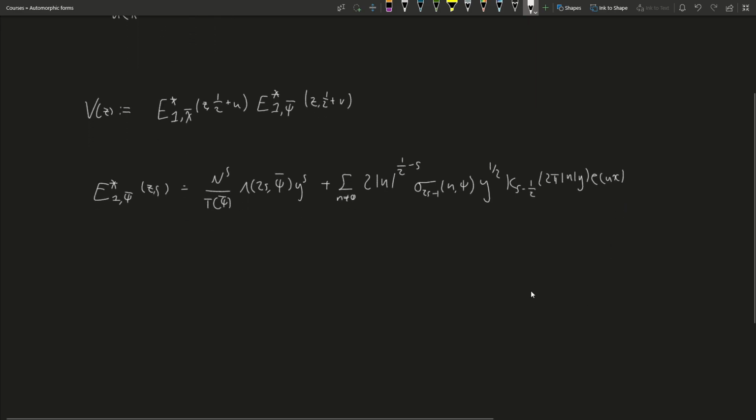And it's also going to be important to know the Fourier expansion at the other cusp.